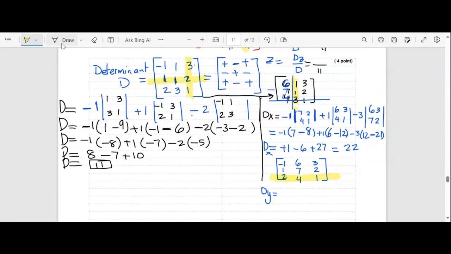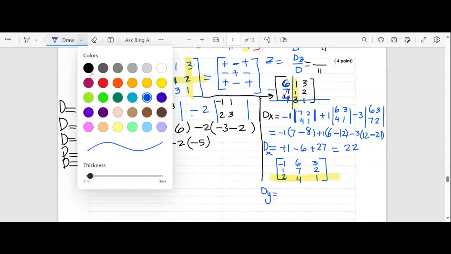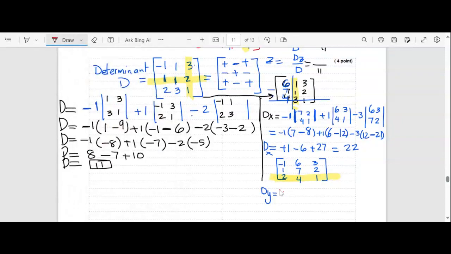Okay, so let's do the process again. So you're gonna get 2. Is 2 gonna be positive or negative? Positive. And then you make a matrix. -4. Then -4, then you make matrix. Then +1, and then you make matrix. Okay, so we're gonna hide the row, hide the column. So what do you have? 6.